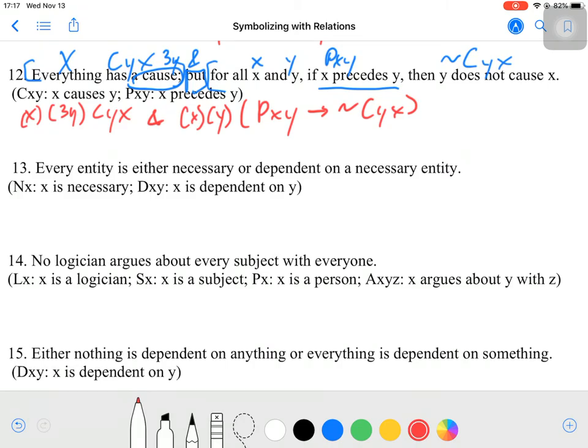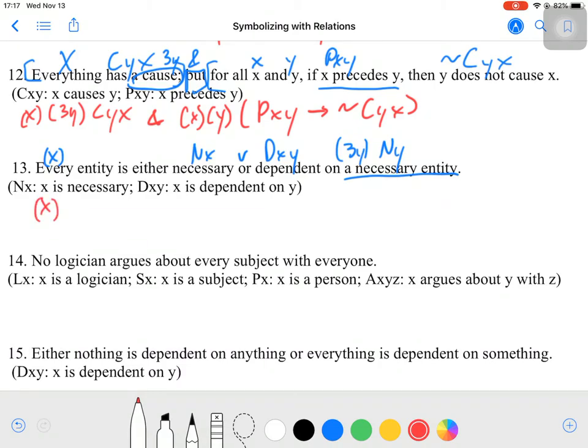Let's go on to 13. Every entity is either necessary or dependent on a necessary entity. So every entity, all x, is either necessary or it's dependent on a necessary entity, or there exists some y such that y is necessary and x is dependent on y.